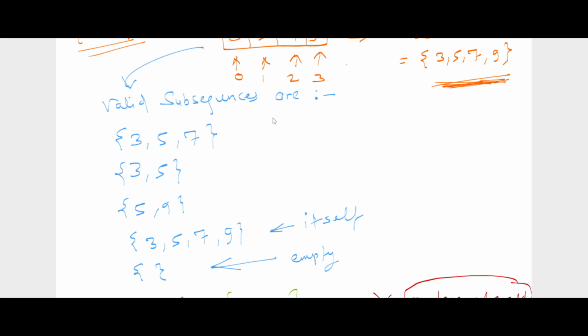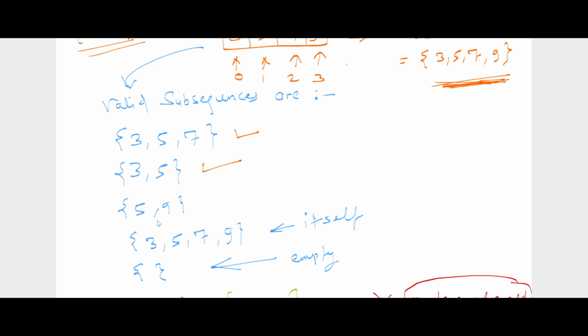What are the valid subsequences? We have the given order 3, 5, 7, 9. In this sequence, if we consider the first three elements 3, 5 and 7, we are removing only one element, that is 9, index number 3. So this is valid. If we remove one more element, 7, the index 0 and 1 will be left, that is 3 and 5. This is also valid.